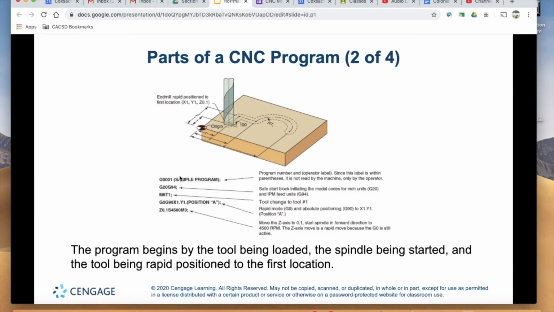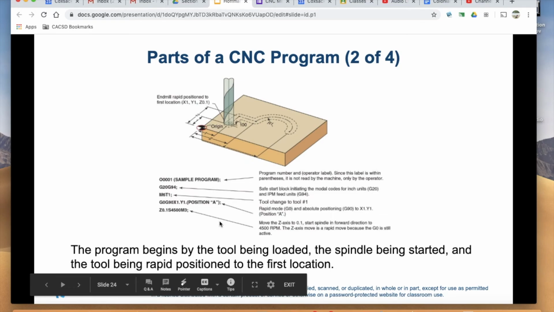We jump into some G codes. You're going to see a G20 for our inch units and G94 for inches per minute feed units. We're then going to complete a tool change using M6 to tool 1, and then a G00 rapid movement in absolute programming to a certain set of coordinates.